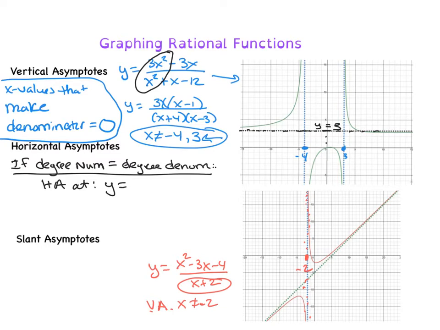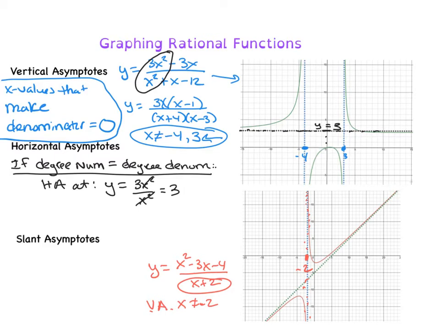It is not a coincidence that 3x squared over x squared reduces to just 3. So actually, let me clean that up and write that in a better way.